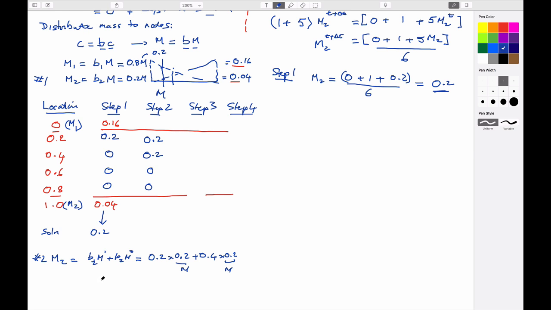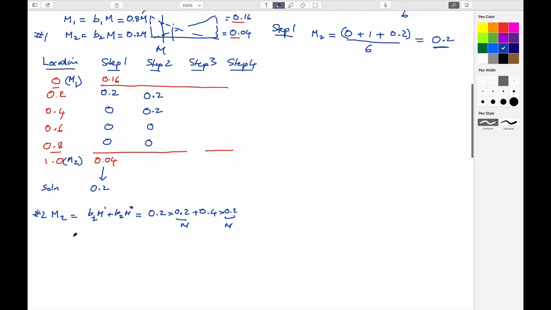And if you multiply those together, I guess the recurrence relationship is going to be the sum of B times N, which is equal to 0.2 plus 0.4 times the mass, which is equal to 0.6 times 0.2, which is 0.12, right?